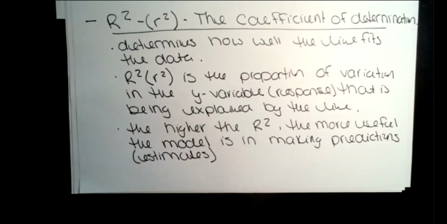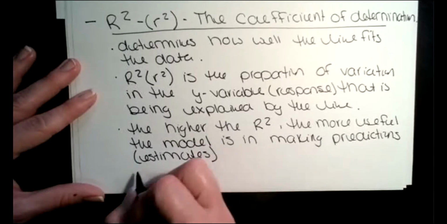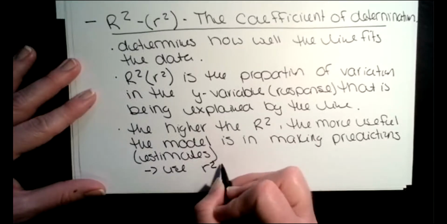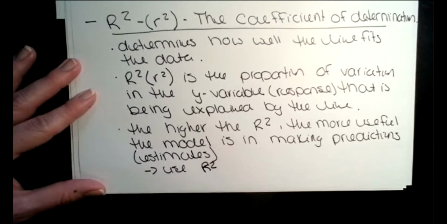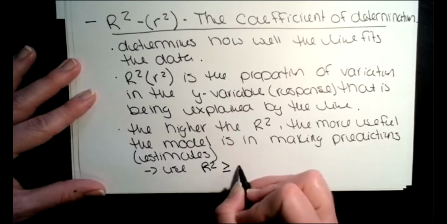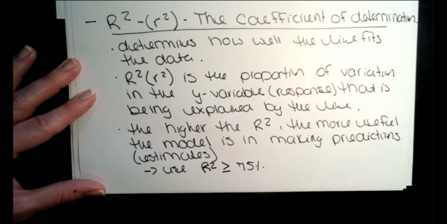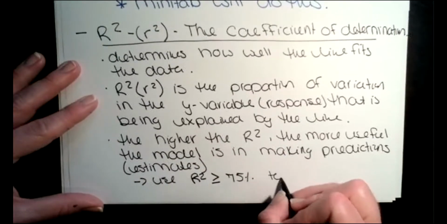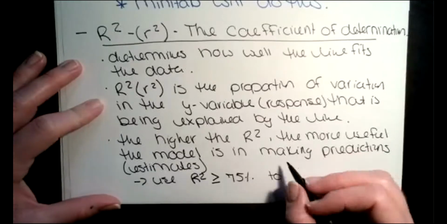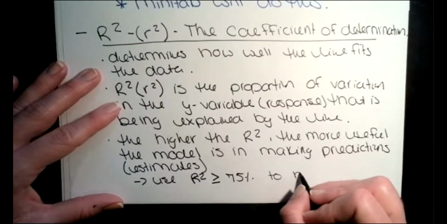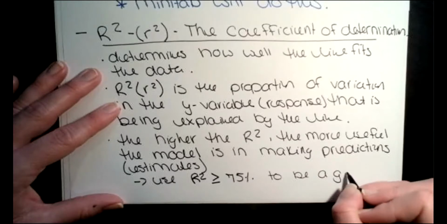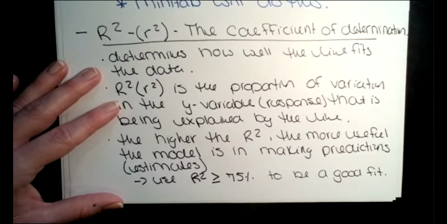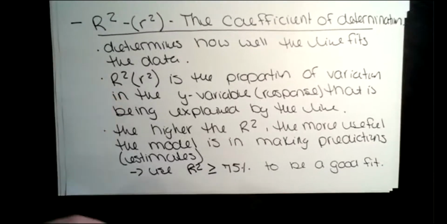So here we're going to use R squared, sorry, I wanted to use capital R. Capital R squared greater than or equal to 75% as a good fit, okay? So we're going to use that, and we're going to use this loosely.